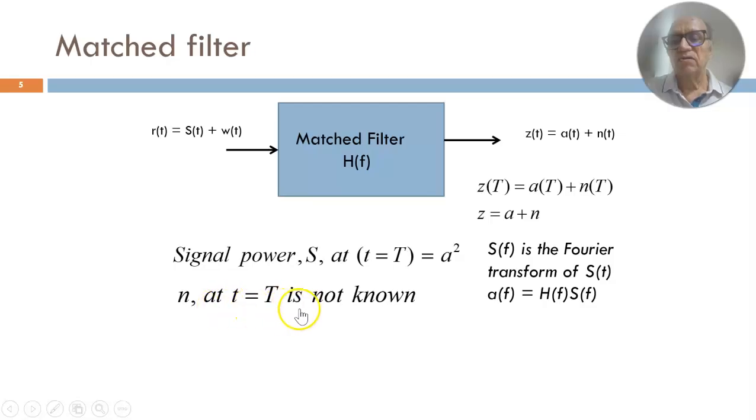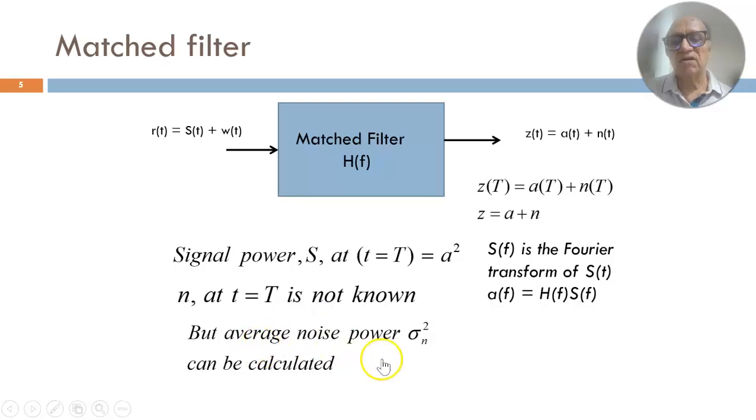Now n at t equal to T is not known, it's a random noise. This is a value at t equal to T, but you cannot predict it. However, what you can calculate is the average noise power, that is sigma n squared, that can be calculated by knowing the power spectral density of noise, which is often known for thermal noise. It can be calculated.